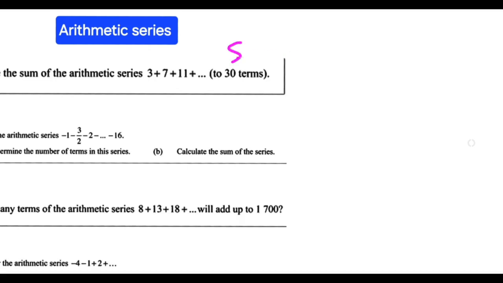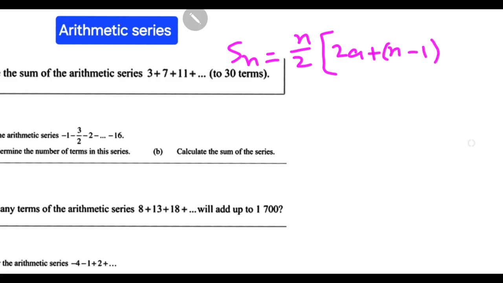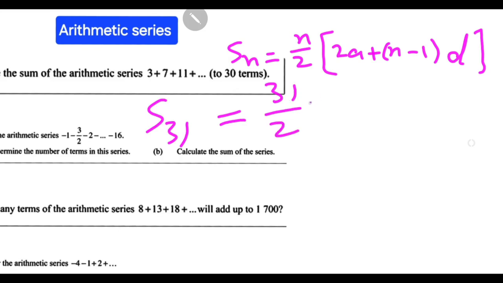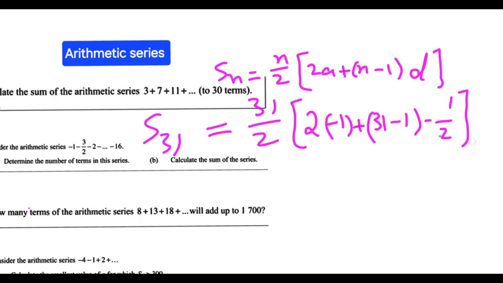So Sn is going to be equal to n over 2 times the bracket 2a plus parentheses n minus 1 times d, close bracket. So S31 we're looking for, because total terms are 31 over 2, and for 2a we got first term -1, plus total terms 31 minus 1, and the d we got is -1 over 2.